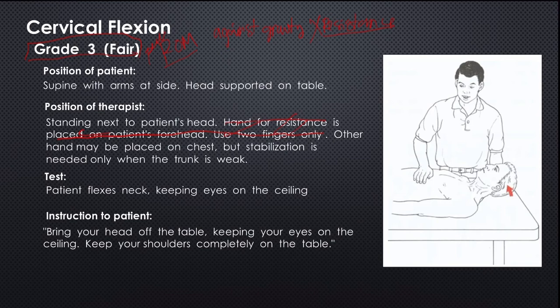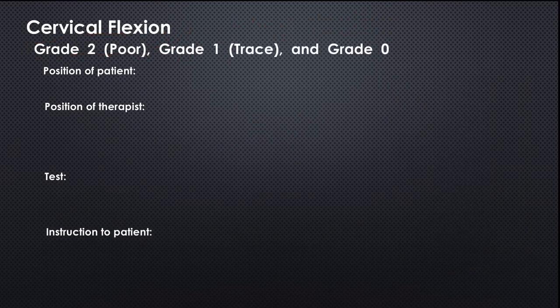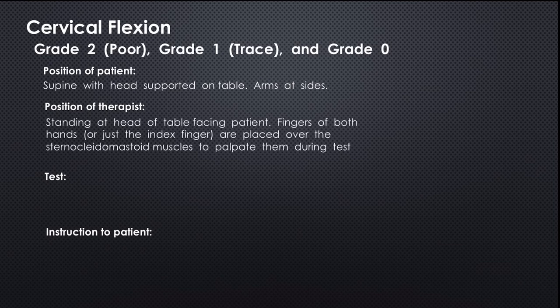until such time that you find the appropriate grade of the muscle. For grade 2 and 1 for cervical flexion, positioning of the patient: supine with head supported on the table, arms at sides. The therapist is standing at the head of the bed facing the patient.